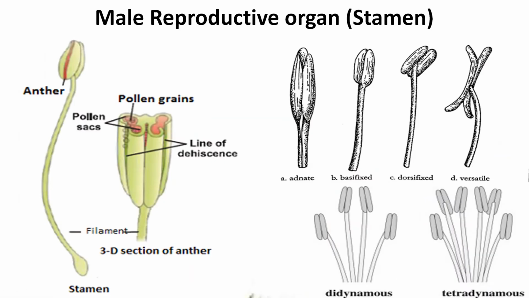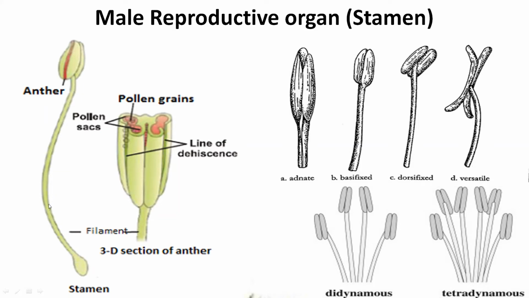Clear? Now moving to the male reproductive organ or stamen. What is stamen? The male reproductive organ. See the stamen? It consists of two things. What are those? Anther. This is anther and this is filament, a long filament.